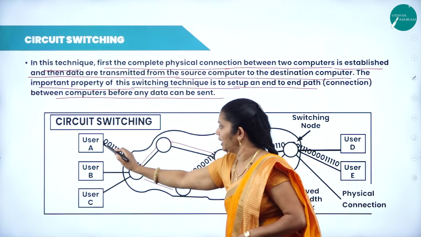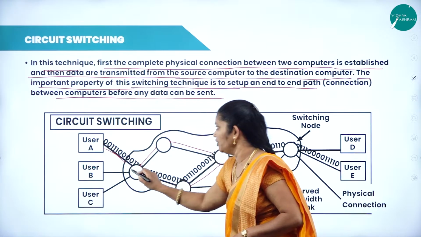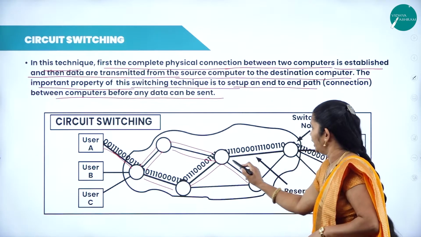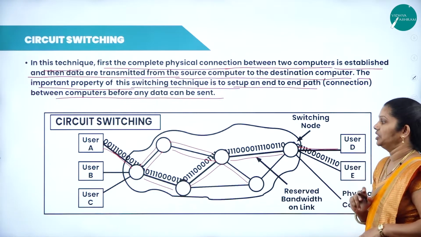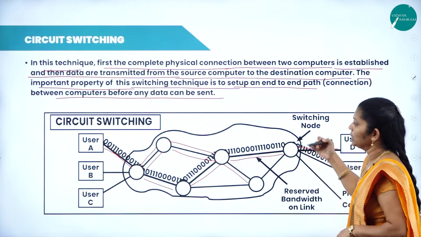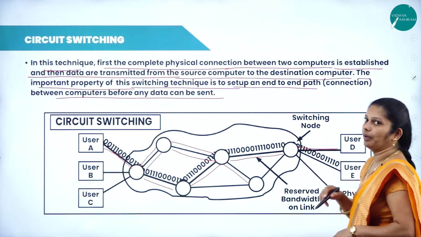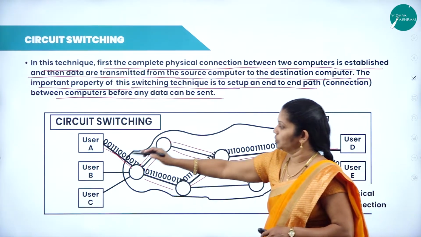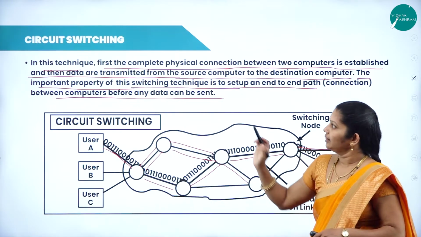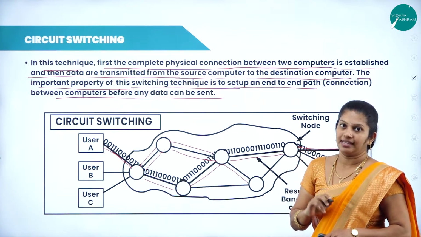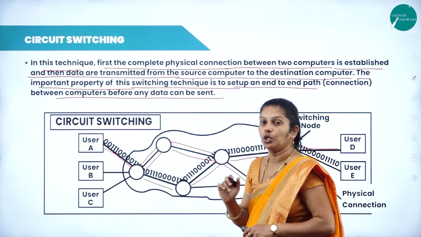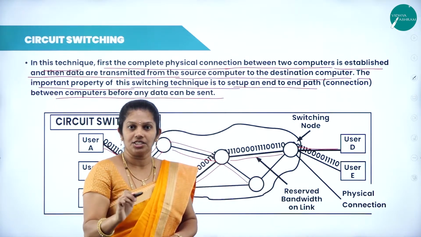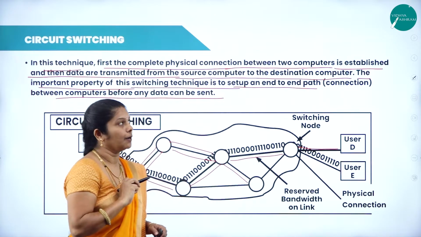From user A, we pass the data to the next nearest node, then once again it transfers and then it is sent on. Before sending the data, we have to establish the connection between these two nodes from source to destination. That is nothing but circuit switching. The name itself suggests circuit: we have to develop the circuit connection before sending the data.